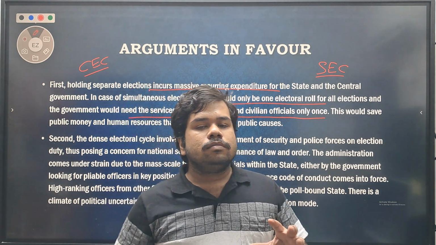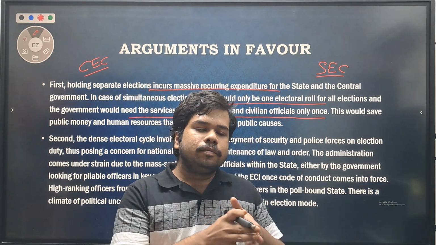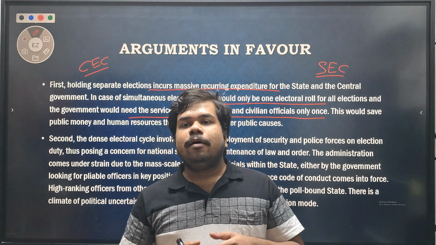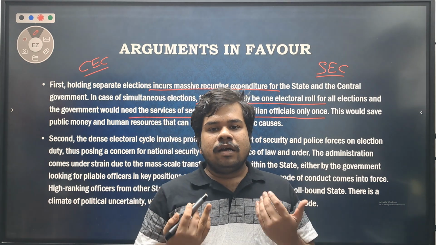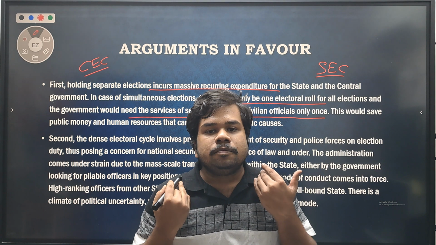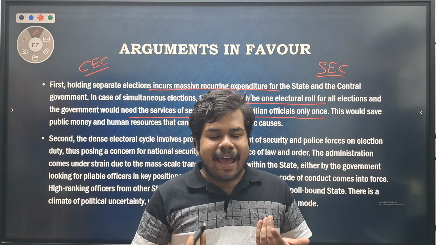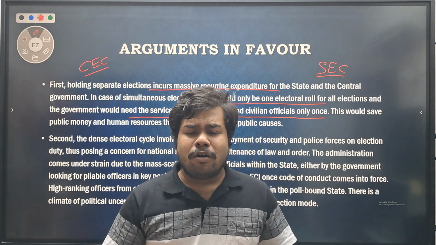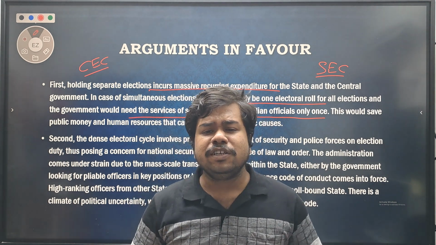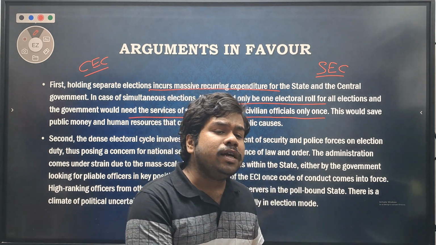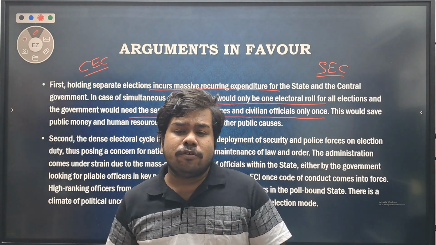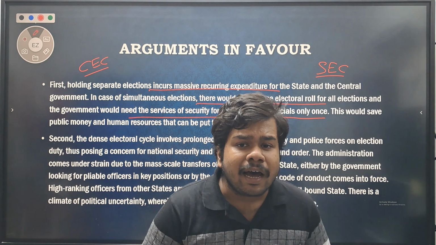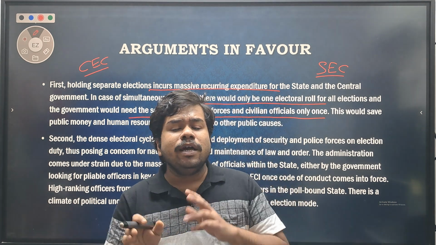So look, at election time, the Election Commission needs almost 10 lakh, or you can say almost 1 crore, of government officials, including some teachers, including security forces. All these officers have to be deployed in the election booths or polling booths.